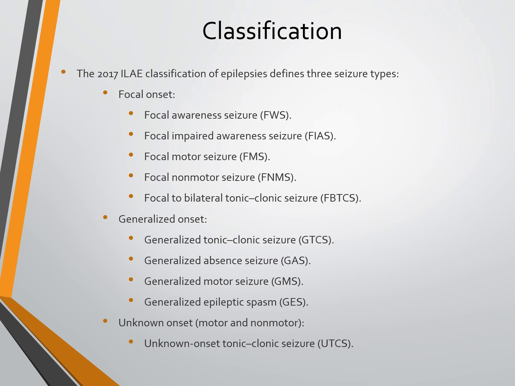So there are 5 different types of focal seizures. There are 4 generalized seizures, which are referred to as tonic-clonic, absence, motor, and epileptic spasms. And there is only 1 categorized unknown seizure, which is known as the onset tonic-clonic seizure.